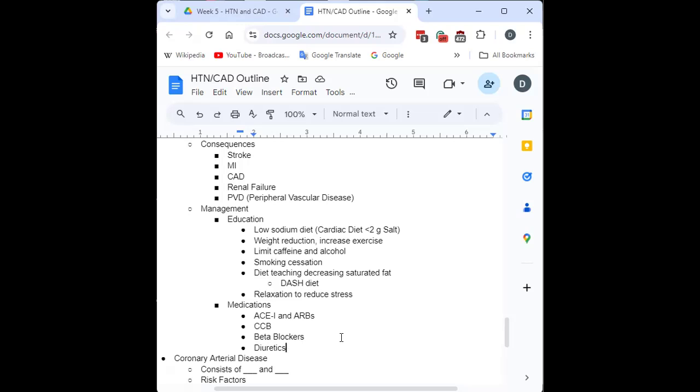A lot of the alpha blockers, I believe, are... All the alpha blockers are usually for like the BPH that I see. Adrenergic blocker is not specific enough, because adrenergic is just, I guess, kind of like your beta adrenergic blocker. You have to be specific.